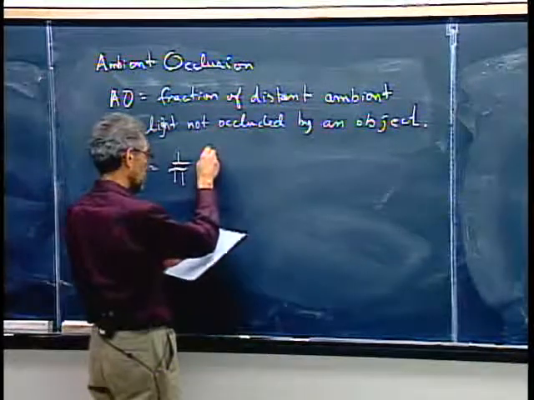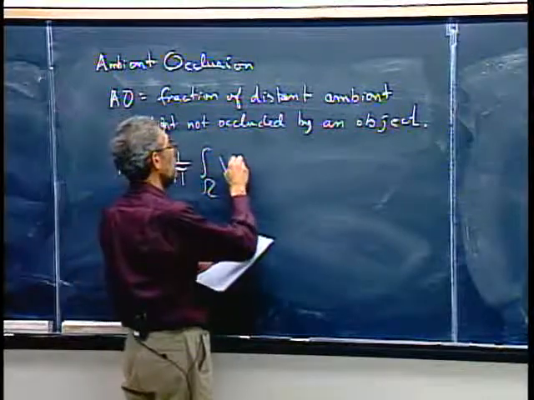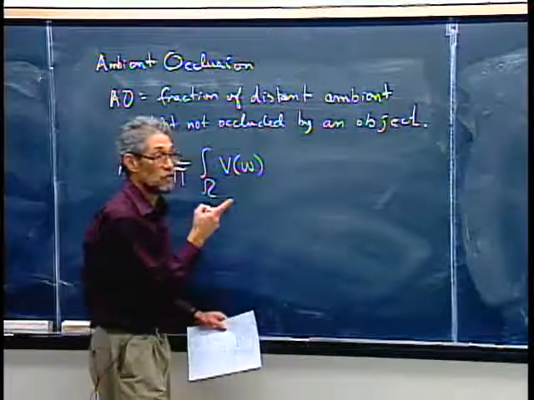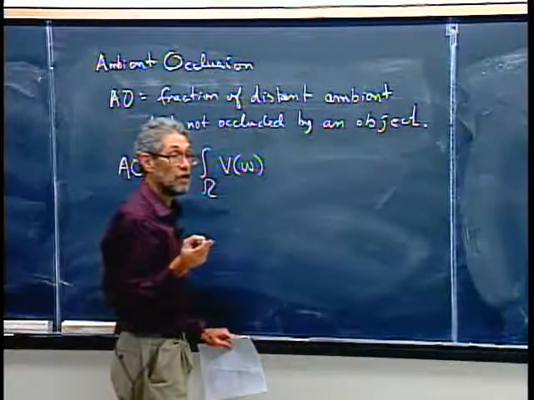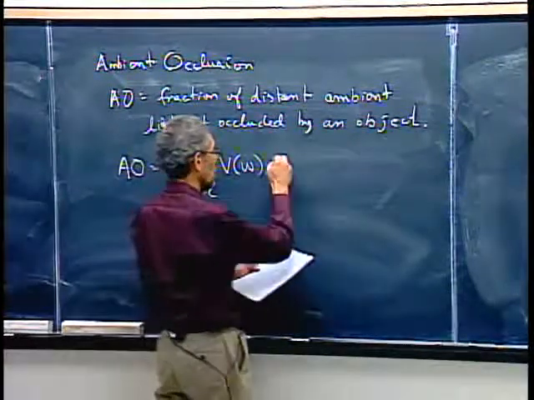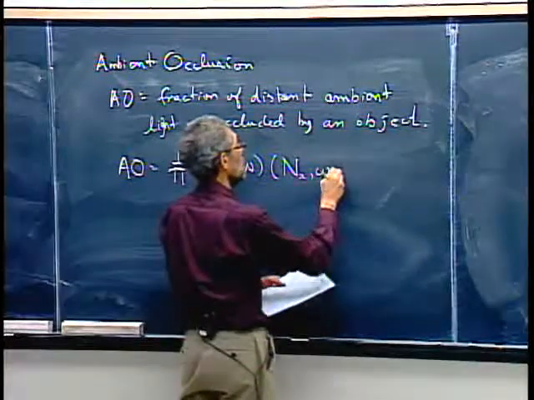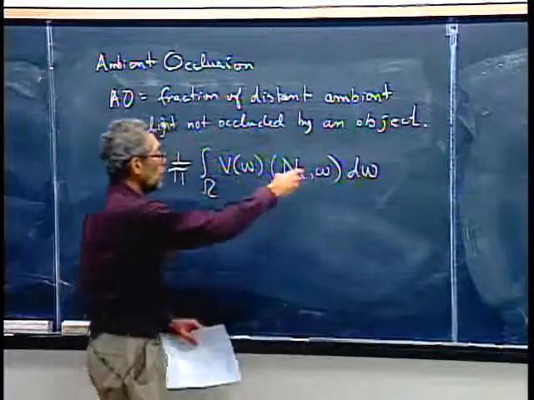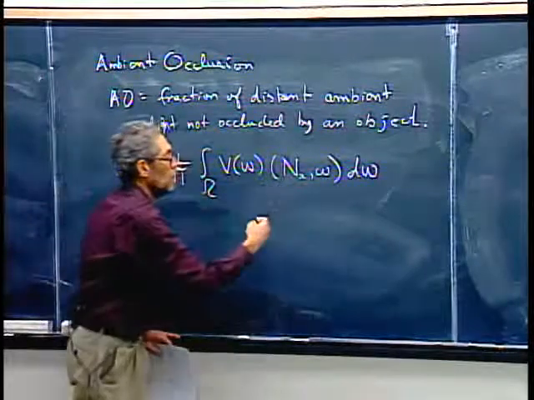So to turn it into a fraction between 0 and 1, we integrate over this hemisphere the visibility of distant illumination. That means trace a ray from a point and see if it hits the object. If it does, this will be 0, otherwise it'll be 1, and then you assume that you have that ambient illumination coming in from that direction, omega d omega. So this is the unoccluded fraction of the hemisphere weighted by this cosine factor.